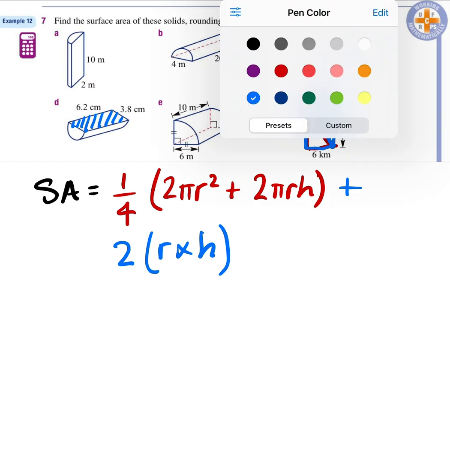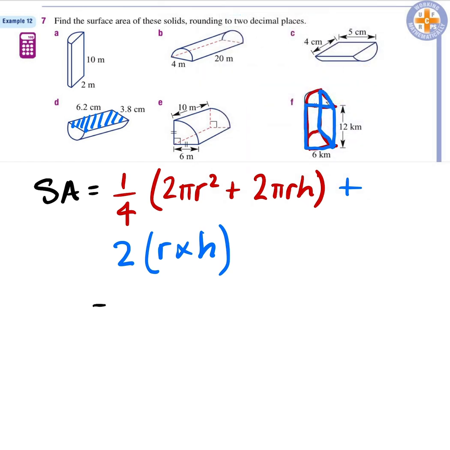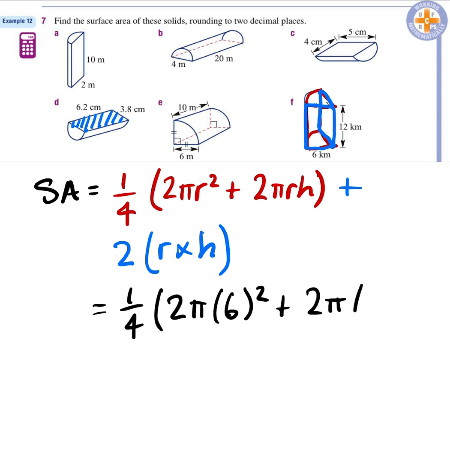So our formula is going to be, if we plug our values in, a quarter times 2 pi 6 squared plus 2 pi 6 times 12 plus 2 times 6 times 12.